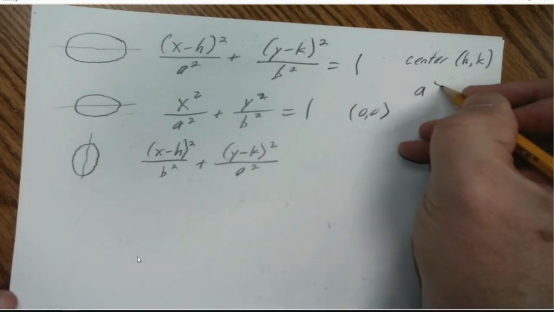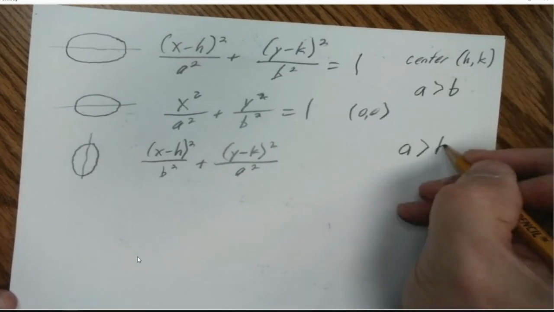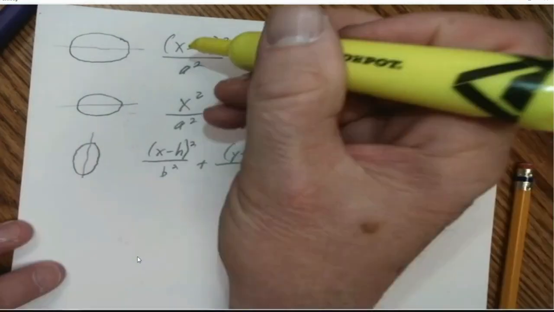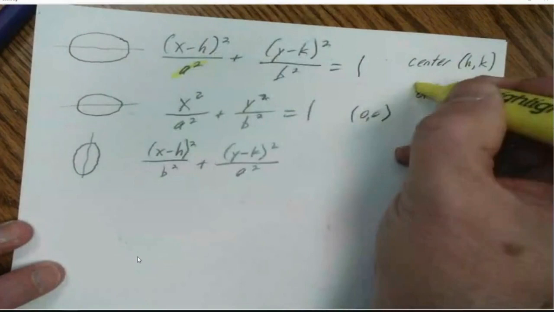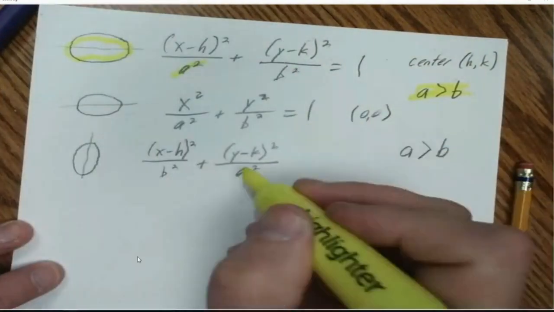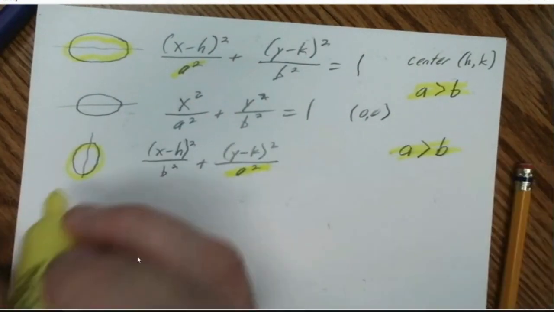And A is larger than B, always. A is larger than B. So if the larger number is on the left, then it's going to be here. If the larger number is on the right, then it's going to be an up and down.